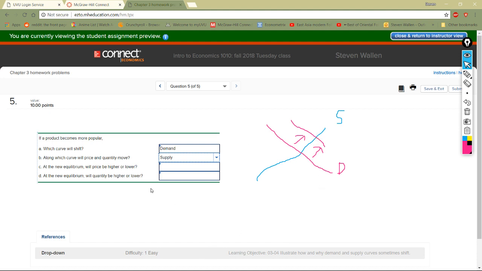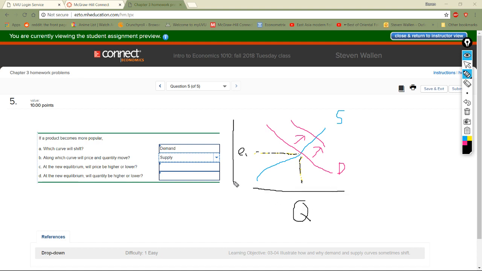Okay. At the new equilibrium, will price be higher or lower? Well, let's take a look and see. Equilibrium 1 was here. Let me use black. You guys can see black a lot better. Okay, that was our original equilibrium. That'd be E1. Now, remember what's down here? This is quantity. This entire area here is quantity.